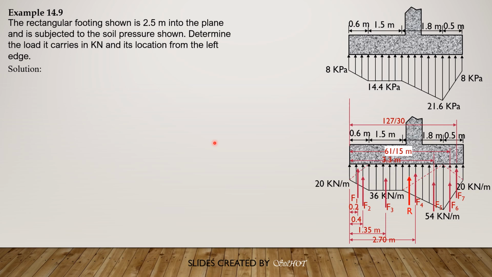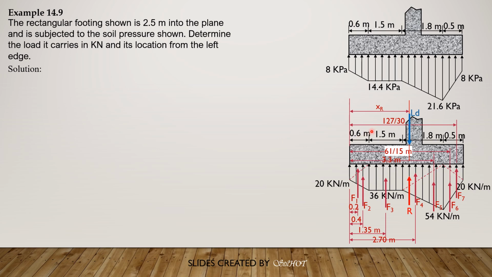So the resultant would be here, but take note, we are not looking for the resultant, we're looking for the load it carries. So it's the opposite of the resultant, so it's downward, but they are collinear for equilibrium purposes.